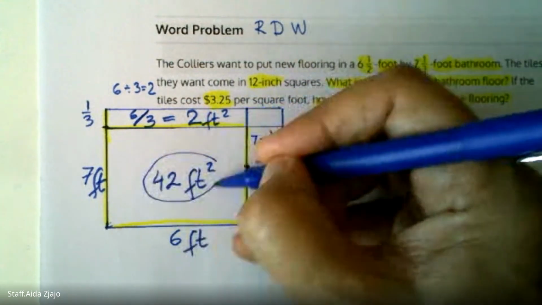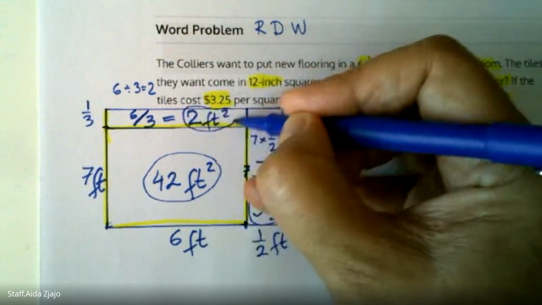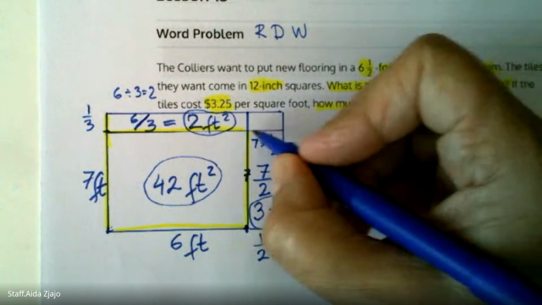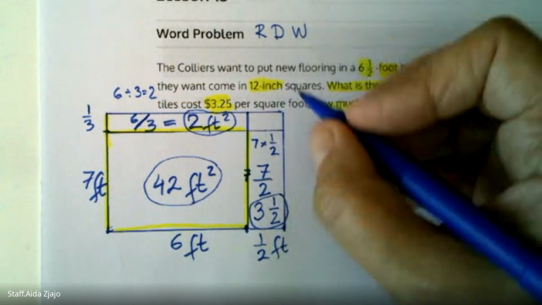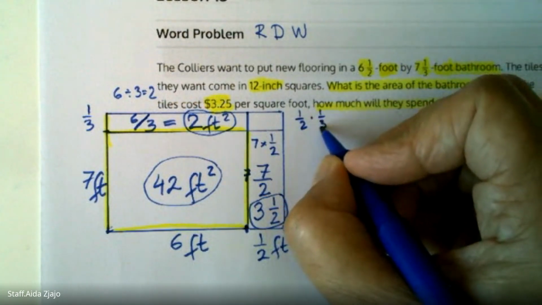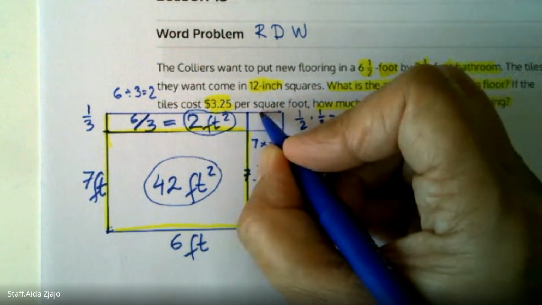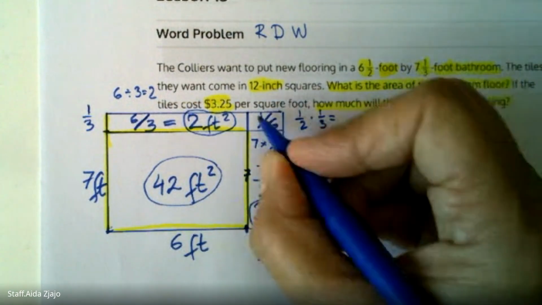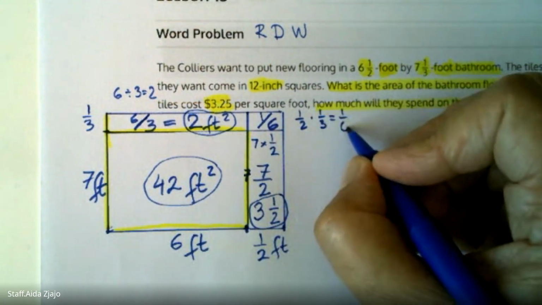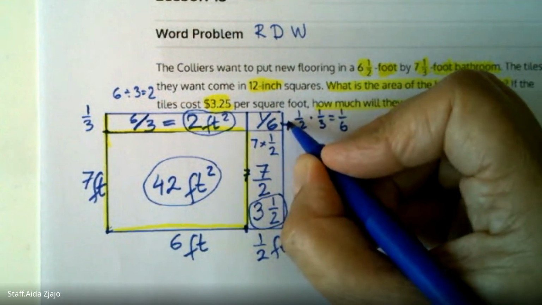So I have this area. I only need this one here. This is 1/2, and this is 1/3. So what is 1/2 times 1/3? It equals 1/6: 1 times 1 is 1, 2 times 3 is 6. So it's 1/6. That's this area.